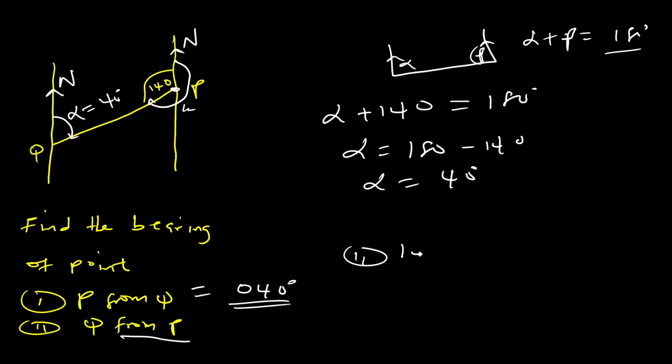So 140 plus the bearing of Q from P, let's call it K, equals 360 degrees. So we have K as 360 minus 140.